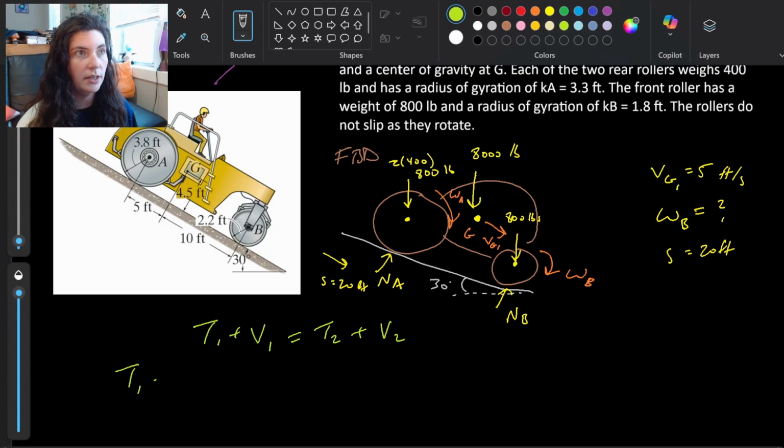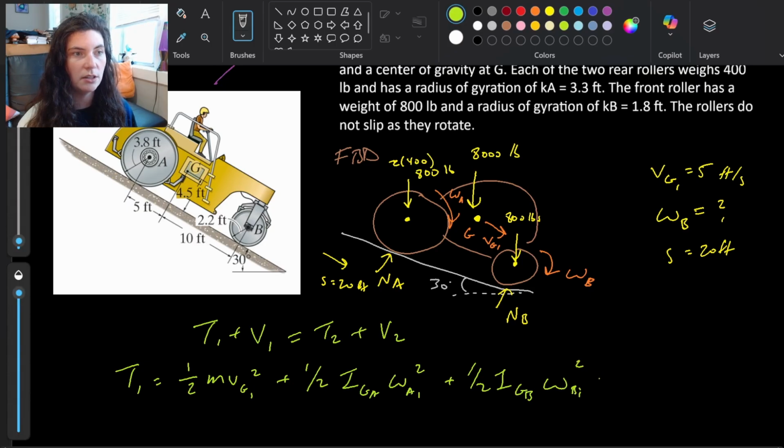So for T1, I need to account for 1/2 m vG1 squared. And they gave me VG1, so that'll be a simple substitution. Plus 1/2 I_GA times omega A initial squared. Plus 1/2 I_GB omega B initial squared.